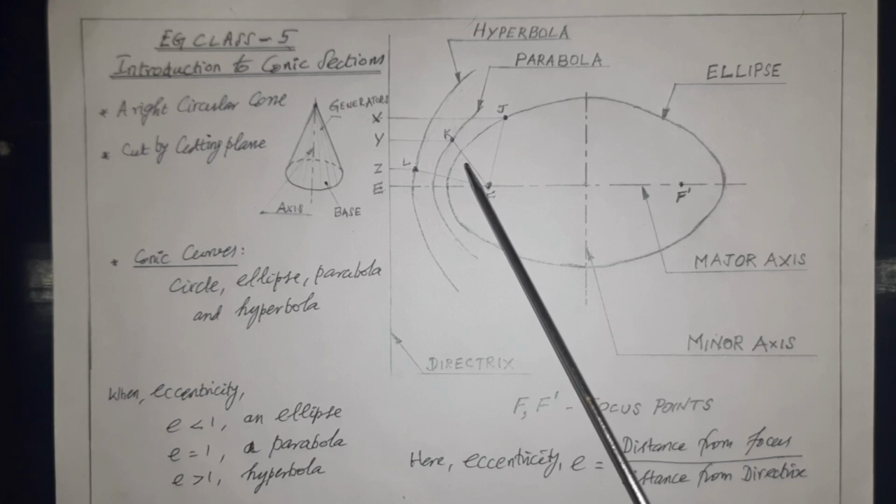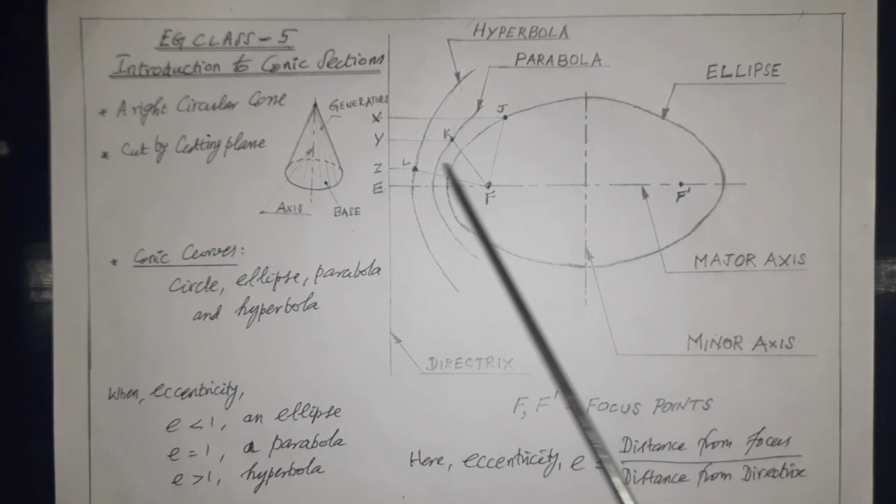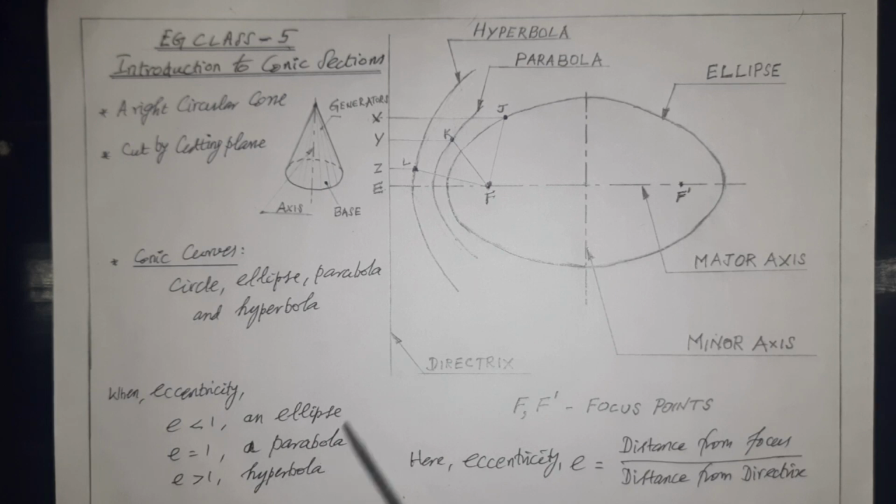The exact value should be considered, not approximate. Just for understanding, I am telling this. Since both are equal in length, this E value will be 1. When E is equal to 1, it will be a parabola curve. From the values, you should find out whether the curve is an ellipse or parabola or hyperbola. That's why this equation plays a vital role.